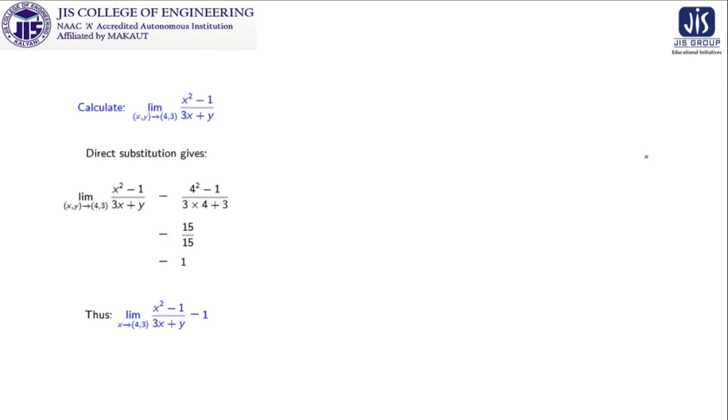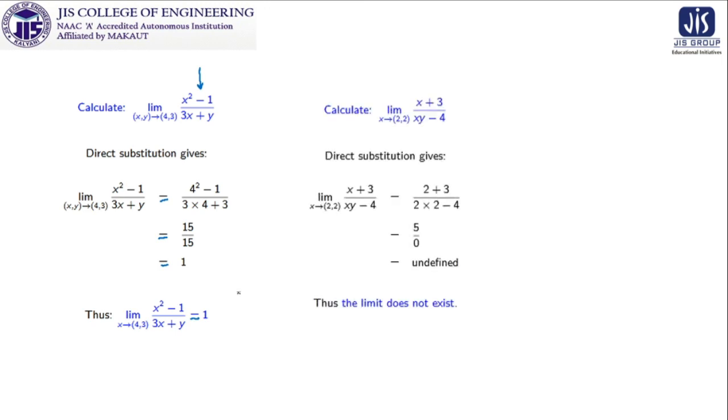And the problems are like this. If you have a function of several variables of this representation and you want to find the limit as (x,y) approaches (4,3), then direct substitution will give you this one, and simplified, we get the limiting value as 1. But if everything were so simple, the beauty would not be there.